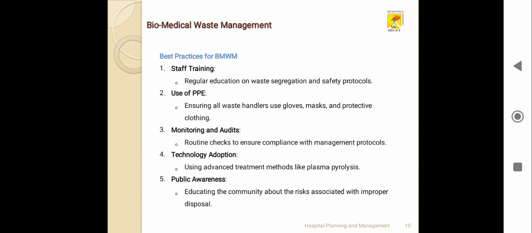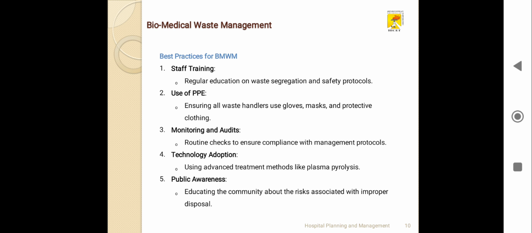Routine checks to ensure compliance with management protocols: monitoring and auditing is essential to maintain environmental sustainability. Technological adoption: besides incineration, autoclaving, and microwaving, we can also go with advanced treatment methods like plasma pyrolysis in order to avoid plastic waste.